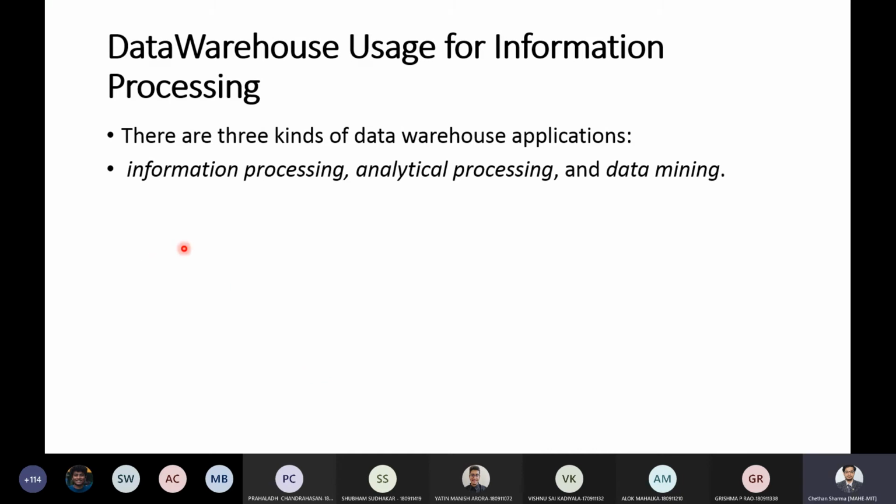Information processing supports basic statistical analysis, querying of the data, and reporting using multiple ways such as reports, tables, charts, or graphs. Using this, you can query the data and generate reports using your tables, charts, or graphs.